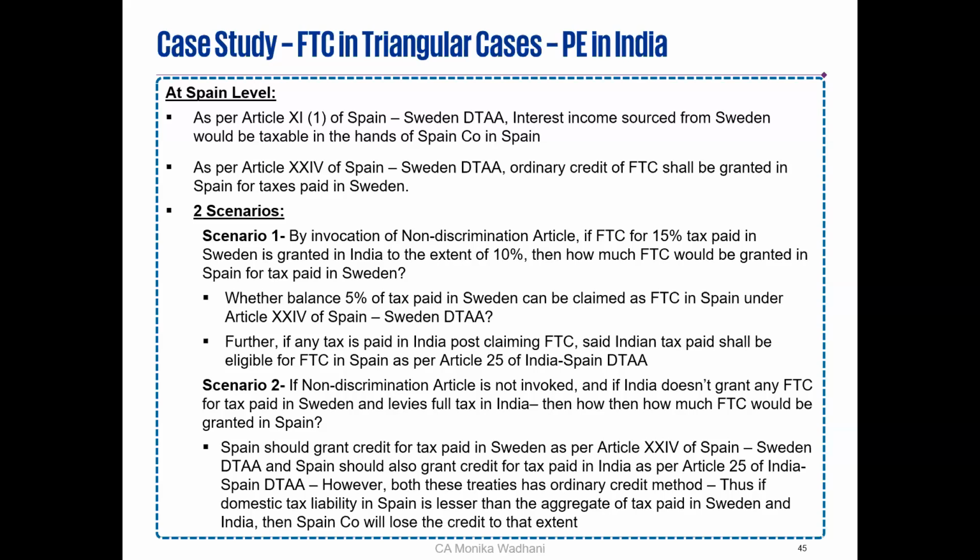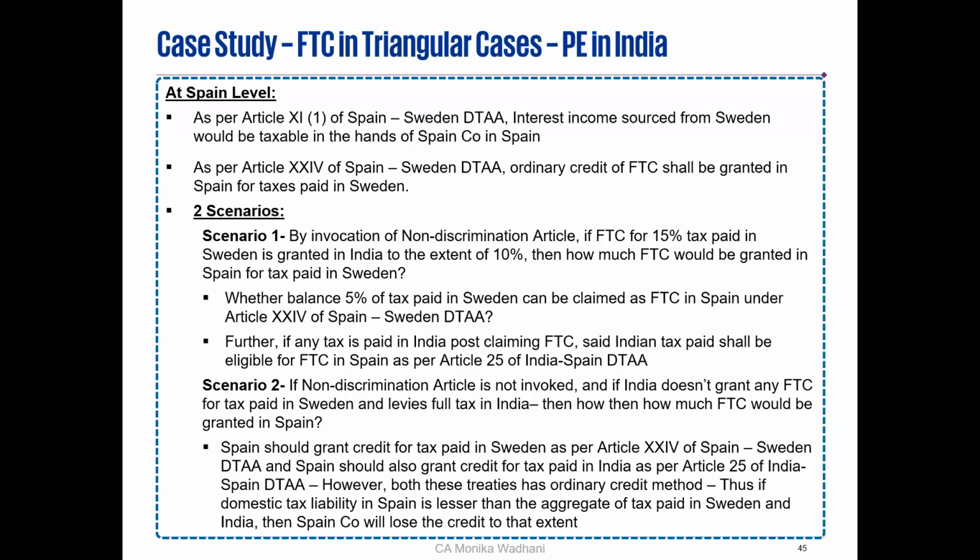Further, what happens if India has levied some extra tax? Say the tax rate in India is 40% for the PE on a net income basis. Interest income which India has received from Sweden has been charged to tax at 15% in Sweden on a gross basis, and India gives credit only of say 10%, and India taxes the balance net income at 40%.